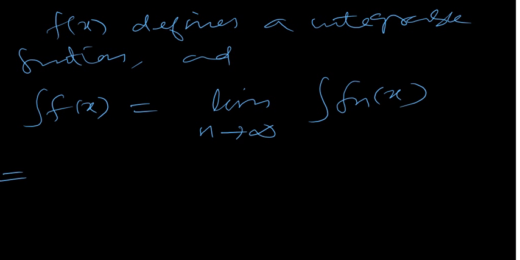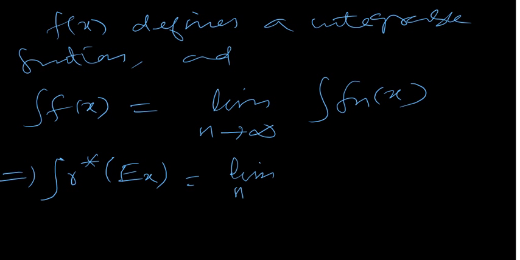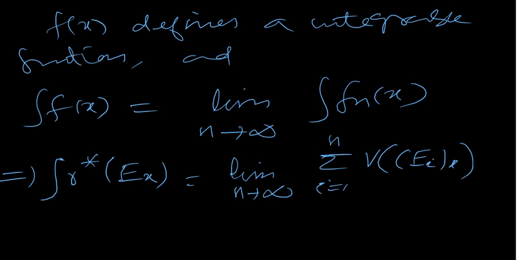So what is f(x)? f(x) is nu star of e_x, and its integral is equal to the limit as n approaches infinity of the integral of fn, which is equal to the summation, i running from 1 to n, of the integral of nu of ei_x.